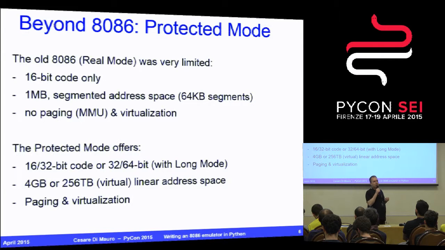In such mode, we have full access to the memory. We have 4 gigabytes of memory, or with the new 64-bit hardware, you can also access terabytes of memory. You have 32-bit code and also 64-bit code, and you can also have paging and other cool features.